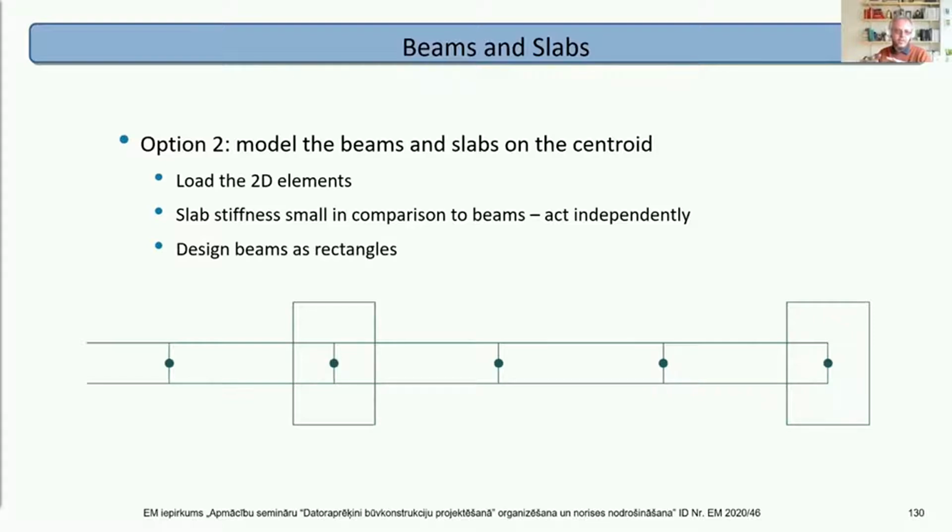They're all on the centroid, and the slabs will have some continuity across the beams, but the beam stiffness will be much higher than the slab stiffness, so they act mostly independently. And the beams, they're modeled as rectangles, you design them as rectangles.